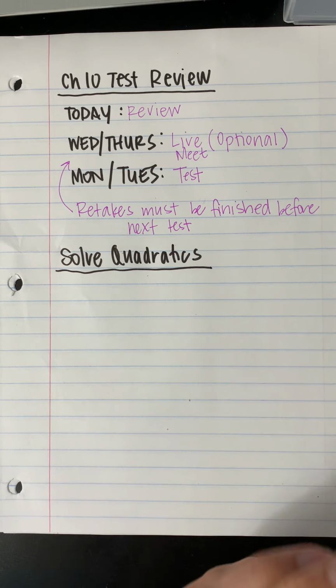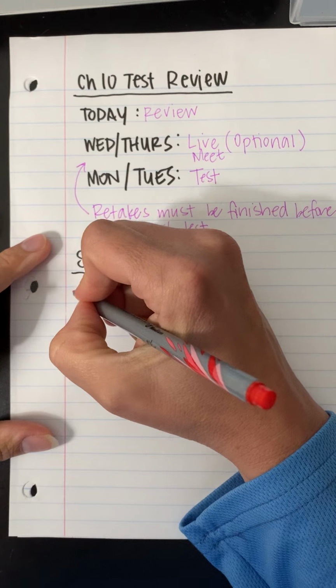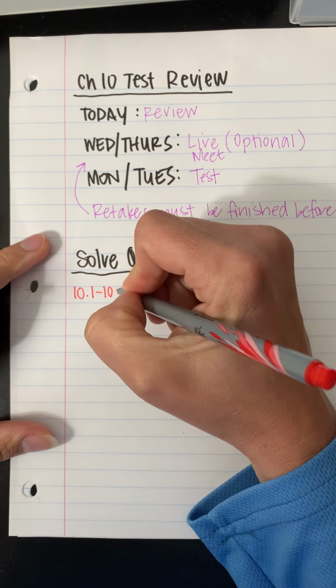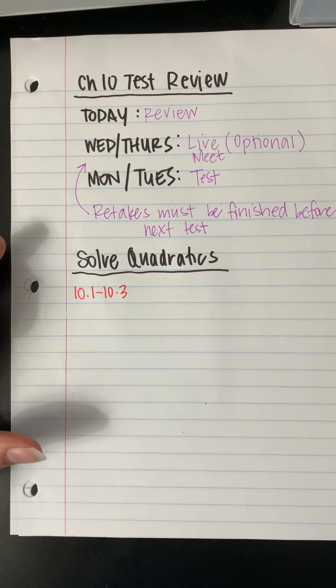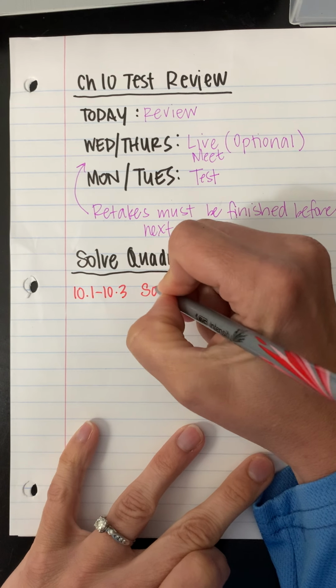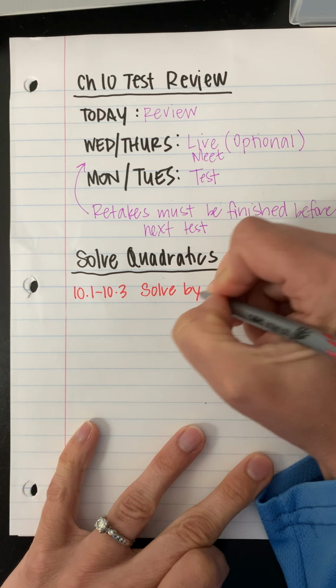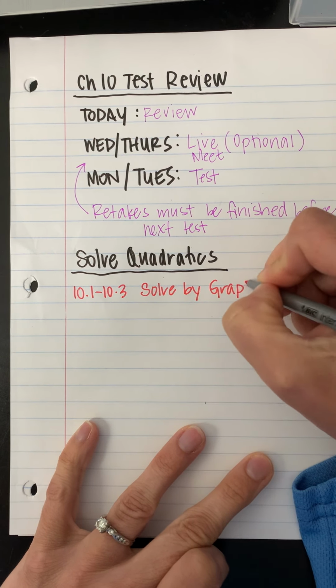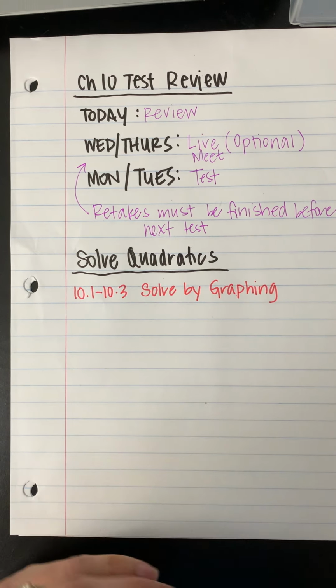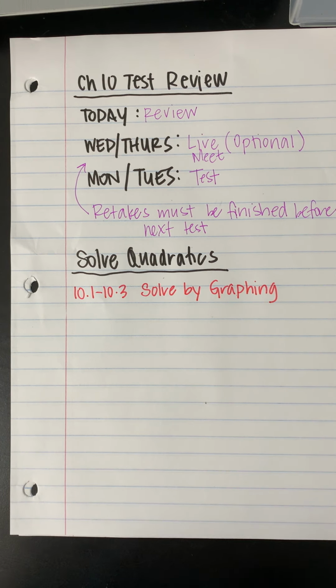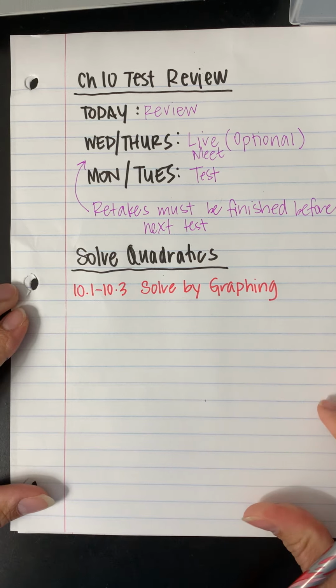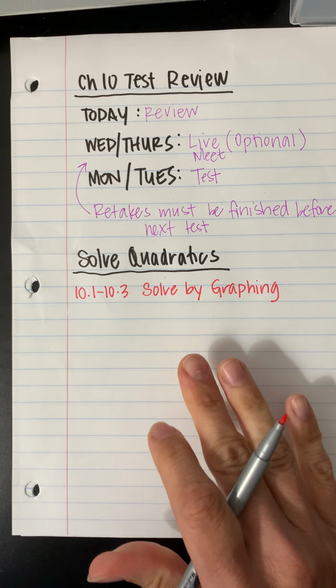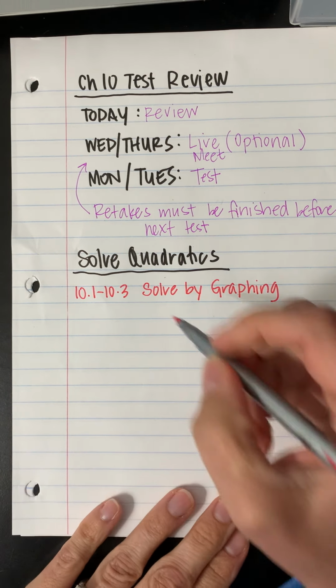So in the first few sections, 10.1 to 10.3, we learned how to graph quadratics, so we solve by graphing. So that's our first type. So you will have to be able to graph a quadratic and then find how to solve that.